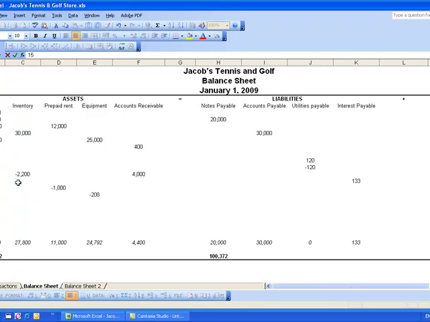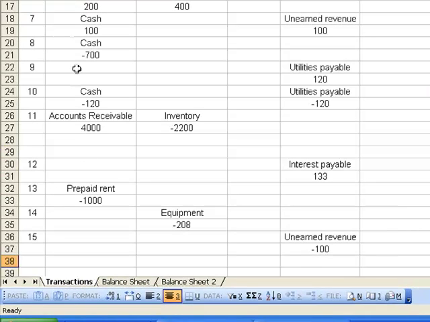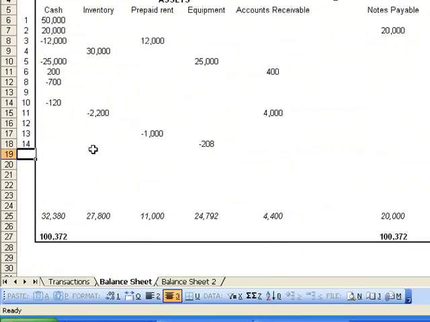And for the last transaction, let's input the 7th transaction that we actually skipped in our previous update. So we have received cash and we have recognized unearned revenue in our liabilities side.